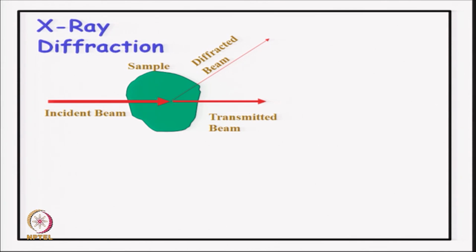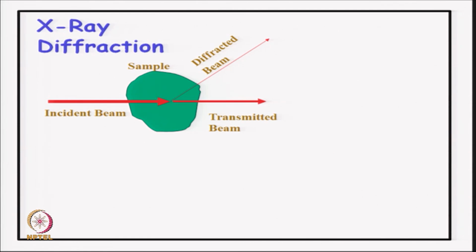Now, these diffracted beams from the sample, if analyzed properly, can be used to solve the structure of the crystal, because the direction and intensity of these beams depend upon the crystal structure.